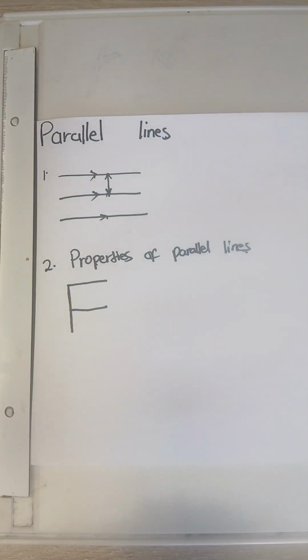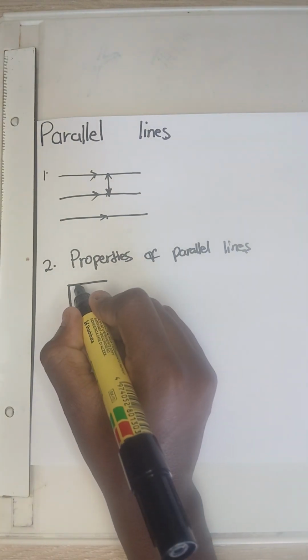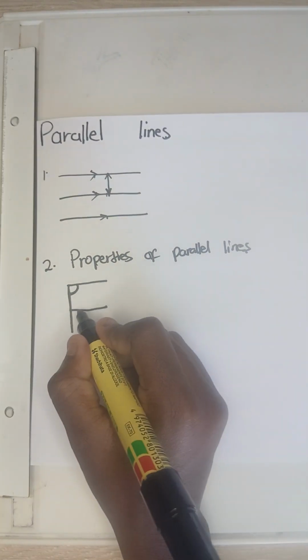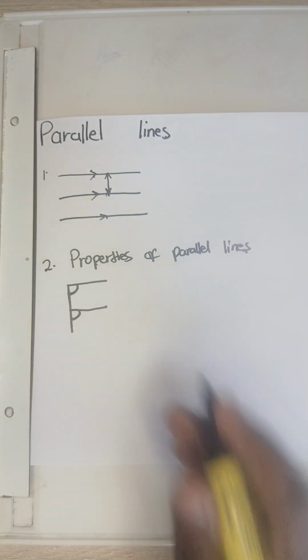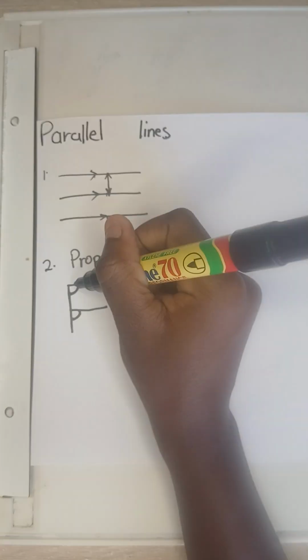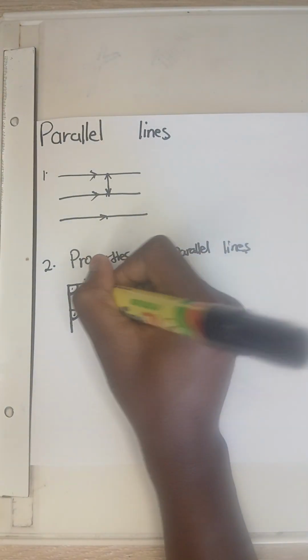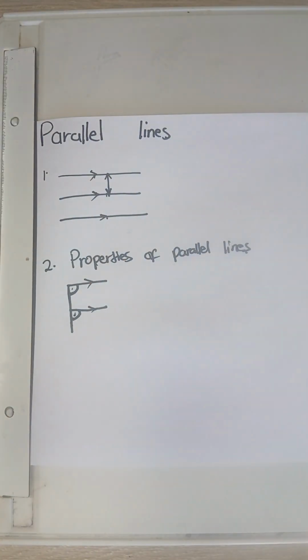We call it corresponding. The angle here and the angle here are always the same, or equal. This angle is always equal to this one, always, only if these lines are parallel.